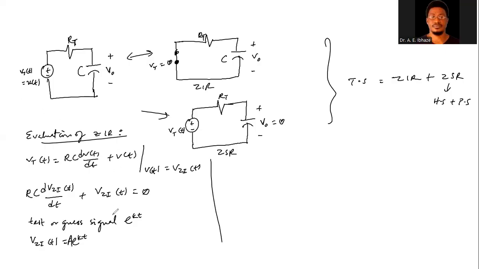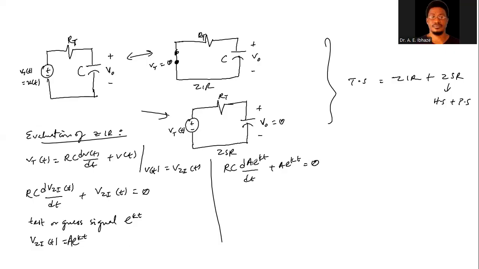Now that we have this assumption in place, we can substitute for VZI(t) with A e^(kt). So that RC d(A e^(kt))/dt plus A e^(kt) is equal to 0.